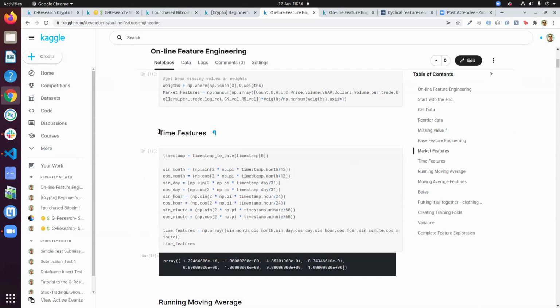There's moving averages and logs and stuff, but the one that I found interesting, which I hadn't seen before, was this time feature thing. Obviously you've got your timestamp, which you can turn into a normal time, and then you can split your time up into minutes and days and years. I'd never seen before, perhaps you've seen it, using the sine and the cosine of the times.